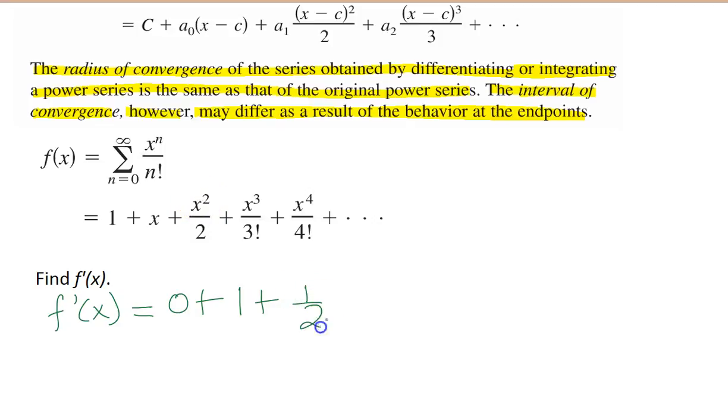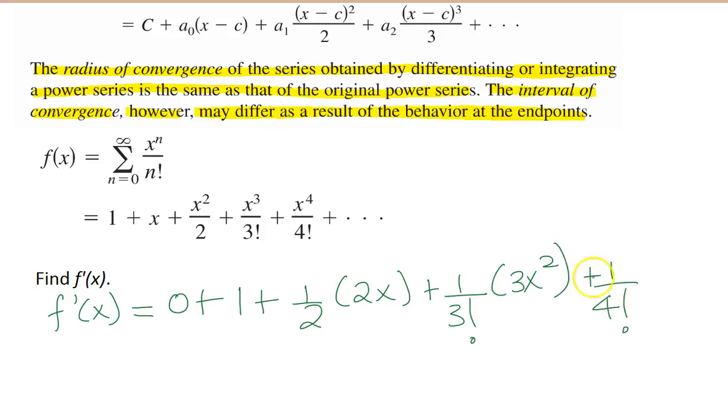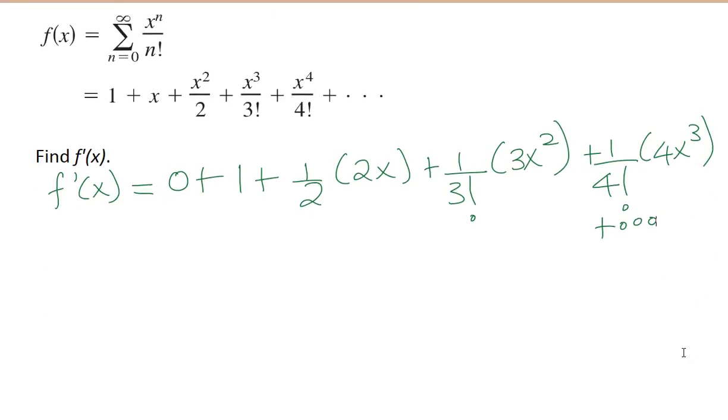When you differentiate, it becomes 1/2 times 2x. This is 1 over 3 factorial x cubed. When you differentiate, that becomes 3x squared. 1 over 4 factorial, a constant. When you differentiate, that becomes 4x cubed. And you get that. Alright guys, so look. This is going to be 1 plus x plus, what's 3 over 3 factorial?